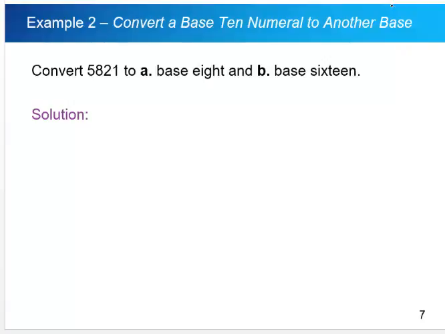Note that in base 16, our digits go from 0, 1, 2, all the way up to 9, but really we have to keep going because we should be having digits between 0 and 15, since you always go one less than whatever your base is. The only problem is, I don't want to write 10 and 11 and 12 and 13, 14, 15, because this could be very ambiguous.